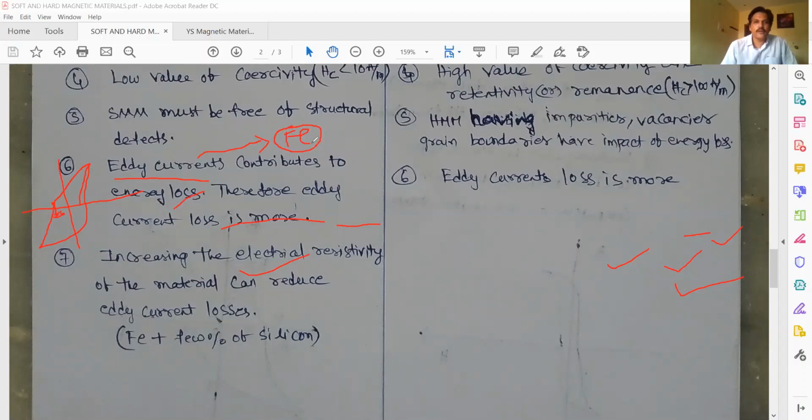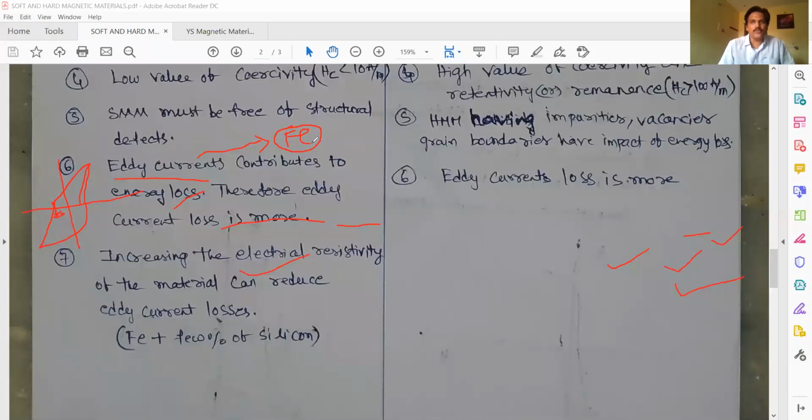We are getting energy loss due to magnetization, demagnetization. Demagnetization means the domains don't come back to the original position. You have to spend more energy to bring back the domains to the original position. That is one contribution for energy loss. Another contribution for energy loss is eddy currents. What are eddy currents? When metals are placed in alternating fields, the alternating field produces EMF in the metal.